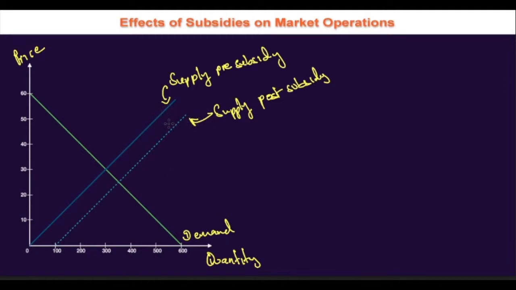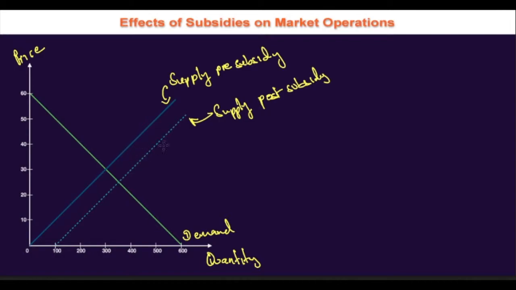When there is a subsidy, the producers are encouraged to increase their output because they get a higher price now, and the consumers also benefit because they pay a lower price, as we have looked at in the example through the equation.